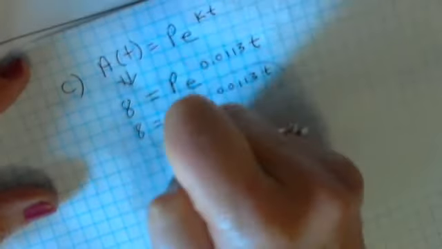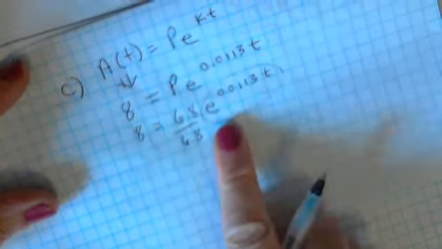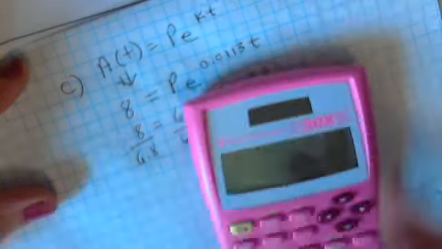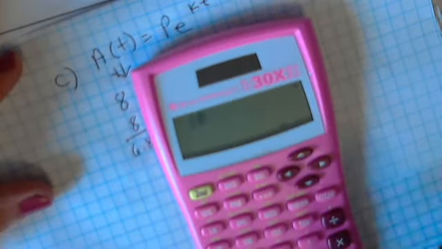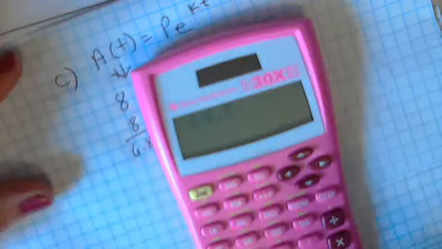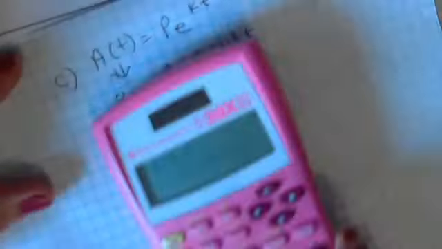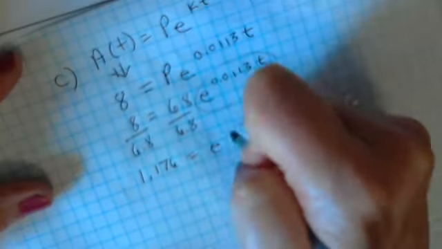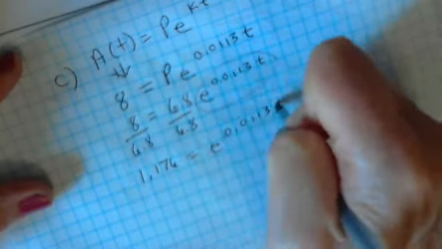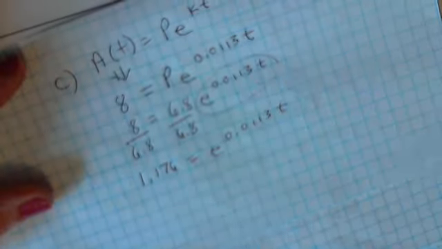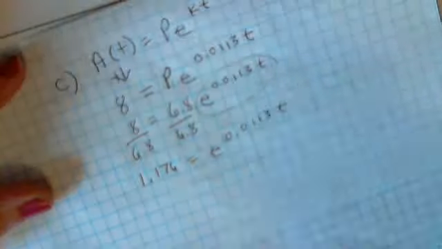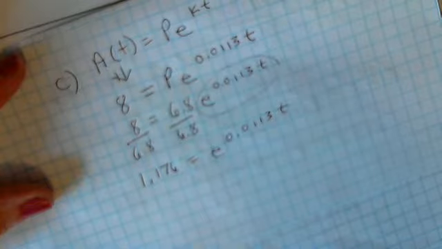So in order to get the base alone, we got to get rid of the 6.8. How do we do that? Well, since it's being multiplied by e, I need to divide both sides by 6.8. So I do 8 divided by 6.8, and I get about 1.176. I'll leave that in my calculator. Now, because the variable is buried in the exponent, I can't solve this unless I put it in logarithmic form.